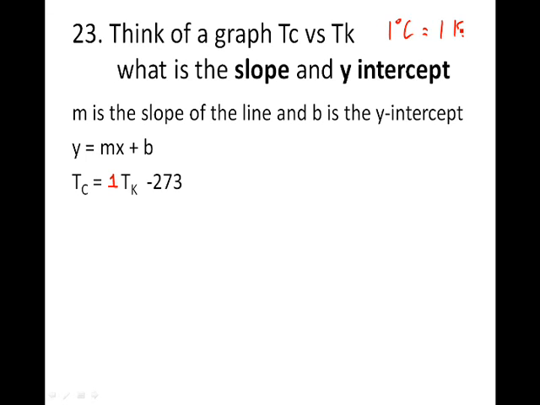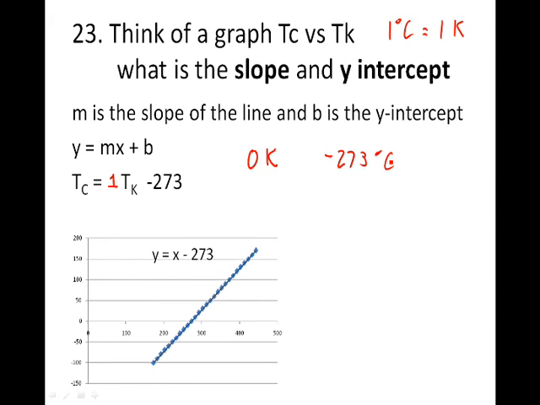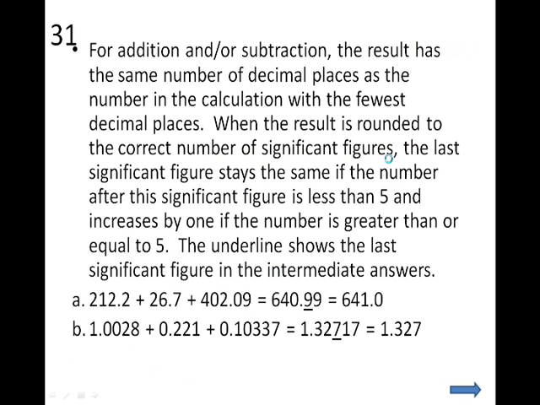So slope is 1, and the y-intercept is negative 273 because 0 Kelvin is negative 273 degrees Celsius. And you may have seen that if you graphed a few points in Excel and then told Excel to find the equation of that line that you generated.